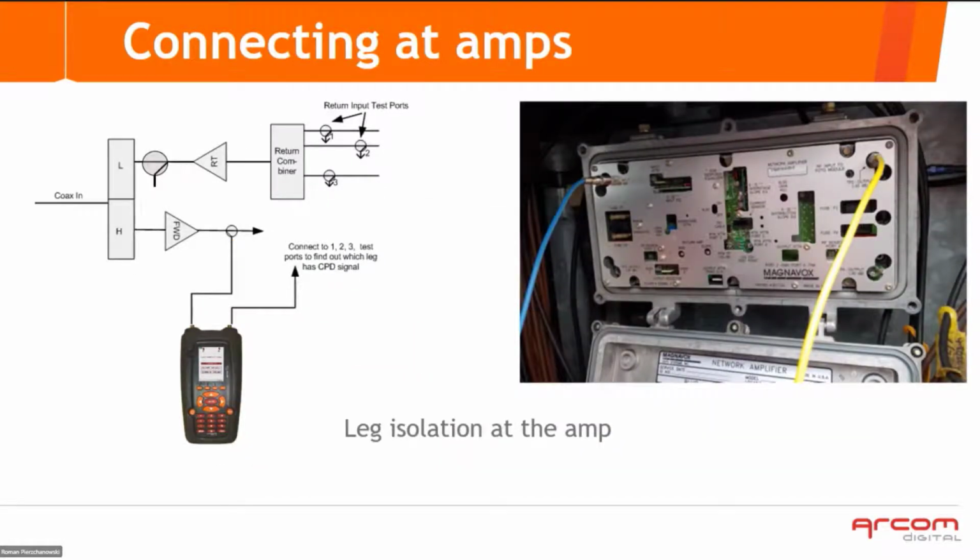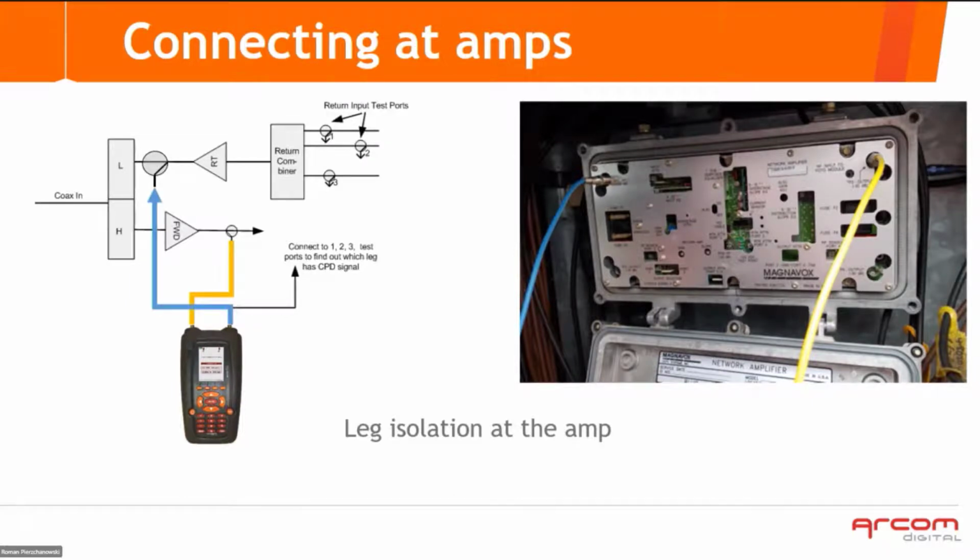Connections at the amps are similar. There is a better chance that at the amplifier there will be a suitable test port carrying all the upstream signals. So again, we connect to the forward test port with the forward.